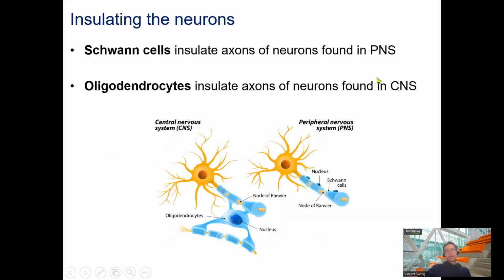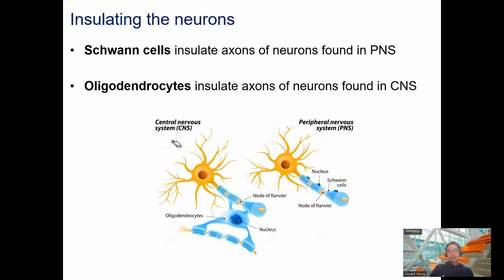And here is another example for the cells in the PNS. If we're talking about the nerves, they are going to be myelinated by these glial cells called Schwann cells. So Schwann cells form the myelin in the PNS. You can see it here, right?